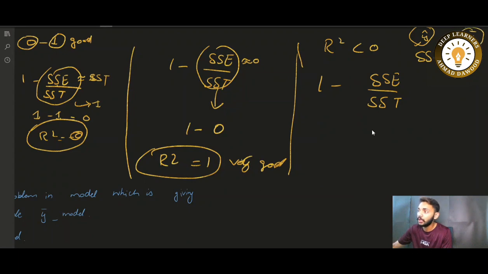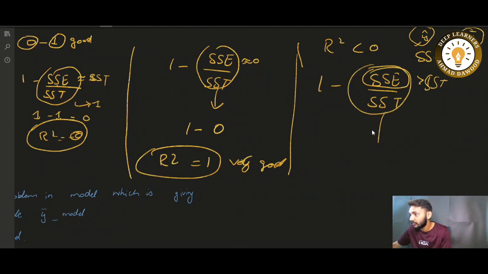So if your trained model is giving a very large error as compared to just a mean model, then SSE will be greater than SST, and this term will be greater than 1. When 1 minus a term greater than 1, let's say 1.5, then your answer will be minus 0.5.